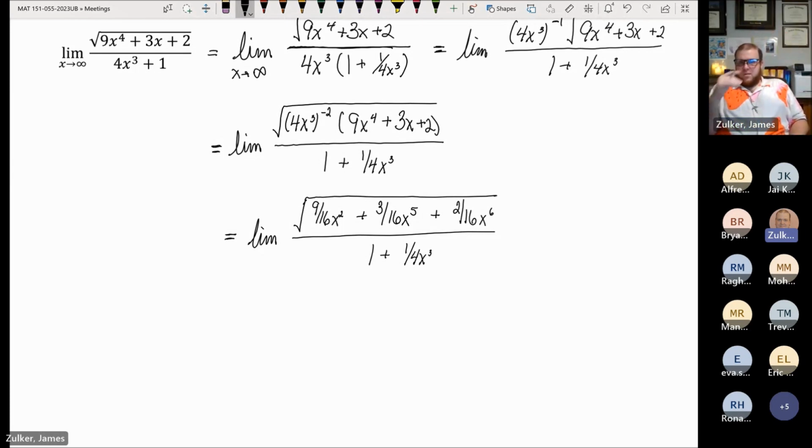Without doing any kind of simplifying of fractions, when we distribute that through, what we're left with under the radical would be 9 over 16x squared plus 3 over 16x to the 5th plus 2 over 16x to the 6th.